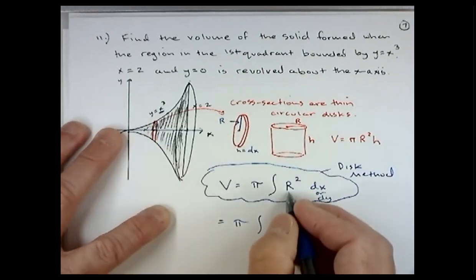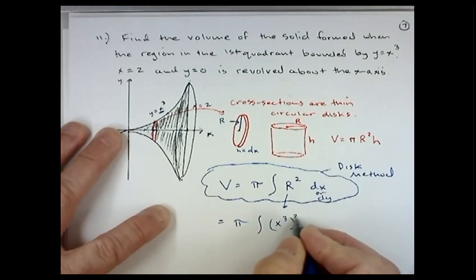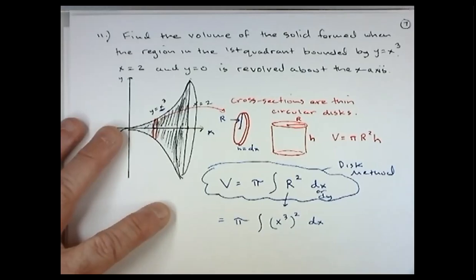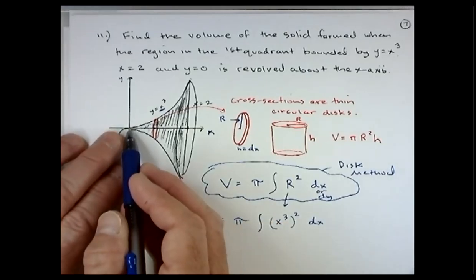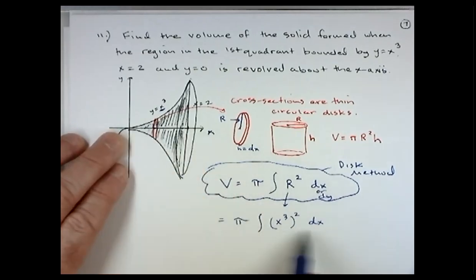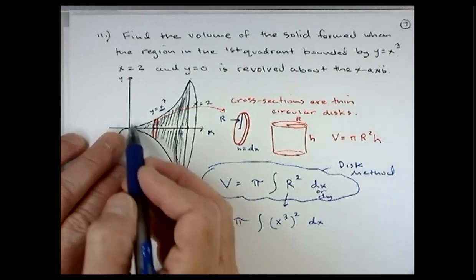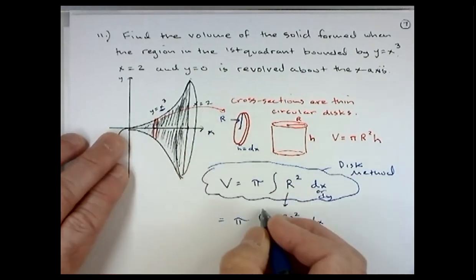So my radius in this case is going to be x cubed, squared. And then just like with rectangles, with area, you need to tell the integral where you would like to add up the volumes of these disks from. Well, you'd want to start at 0 and your last one would be at 2.